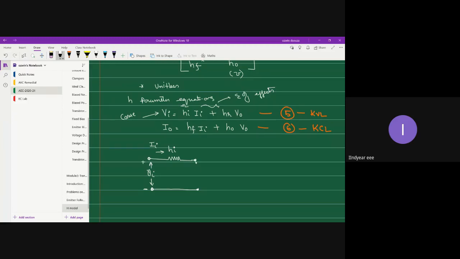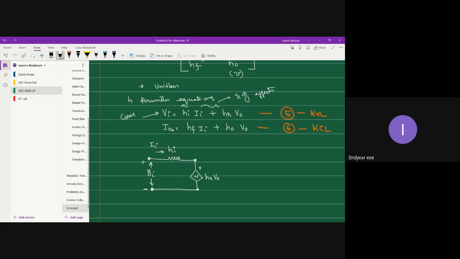So let us show it with a diamond symbol, and write down the source representation as HR into V0. So that's your input part of the equivalent circuit.